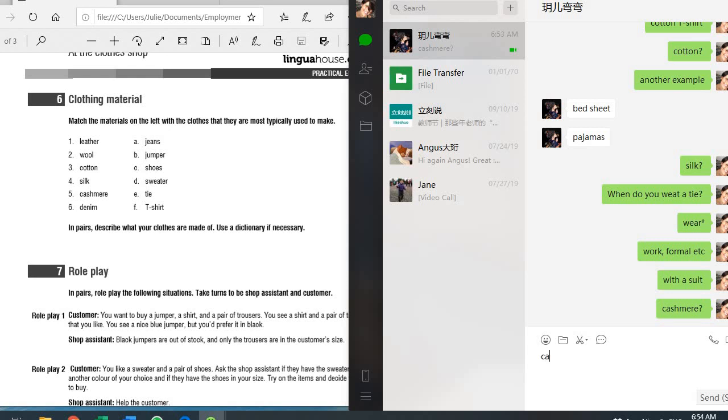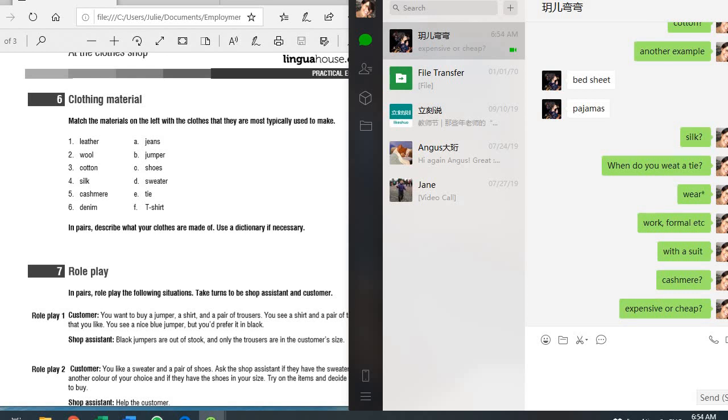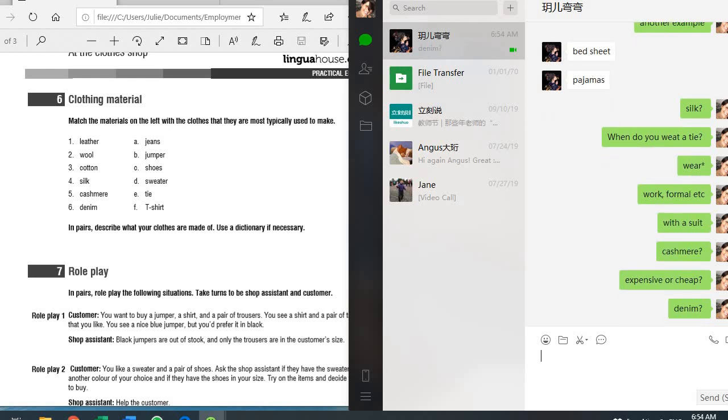Right, so cashmere. It's also warm. Perfect, exactly. Do you think cashmere is expensive or cheap? I think that's expensive. Yeah, cashmere is usually very expensive, right? Perfect. And then the last one, denim. So the last one is easy. Denim. That is for the jeans. Perfect, exactly.